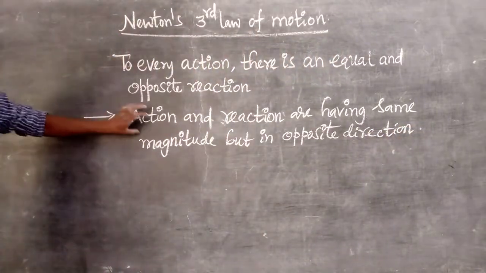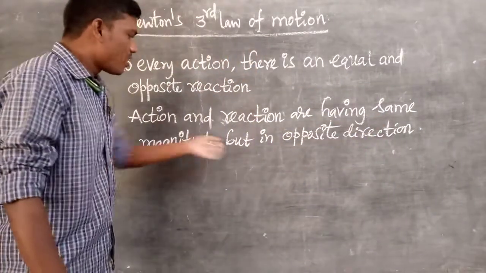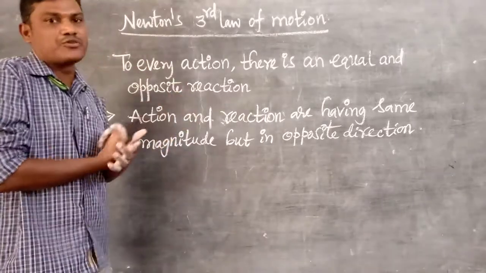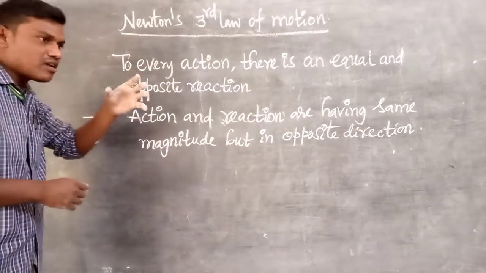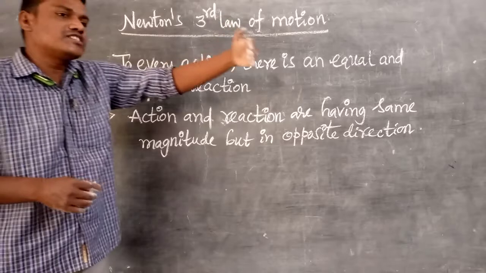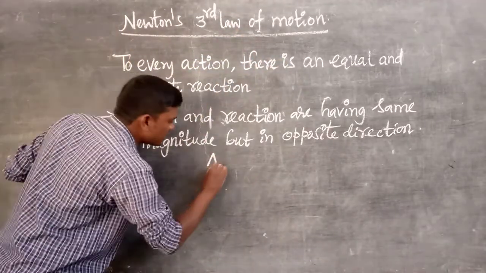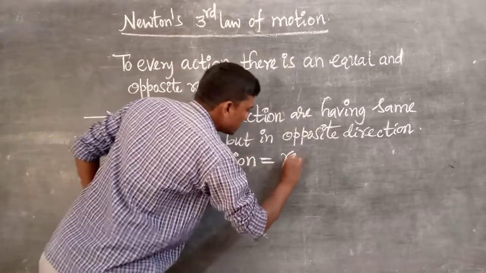Listen very carefully. Action and reaction are having the same magnitude but in opposite direction. Magnitude is nothing but the numerical value. So whatever action force is acting on the body, the same reaction force is acting on the other body, but in which direction? Opposite direction. That is, action is equal to reaction.